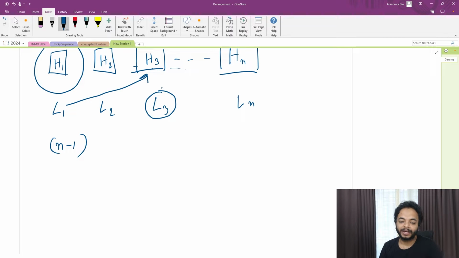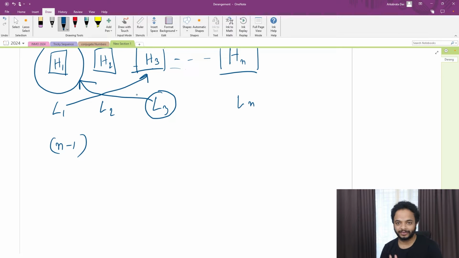One is that L3 can go to H1, so basically the letters of house 1 and house 3 are getting exchanged. In general, if the letter L1 is going to the ith house, then the ith house's letter and house 1's letter are getting exchanged. This is one case. The other case is that the letter L3, or the ith house's letter, won't go to H1.